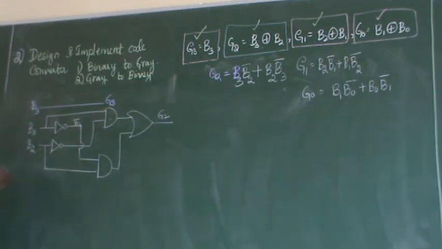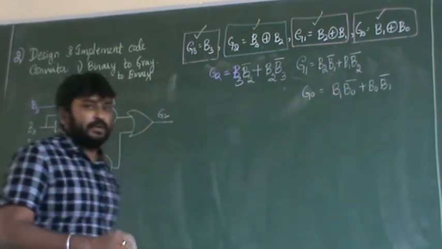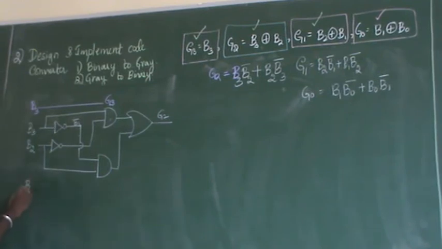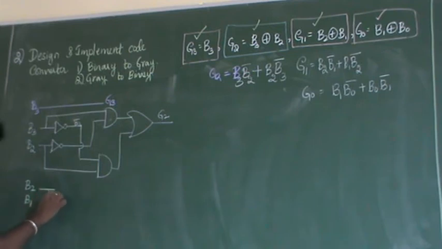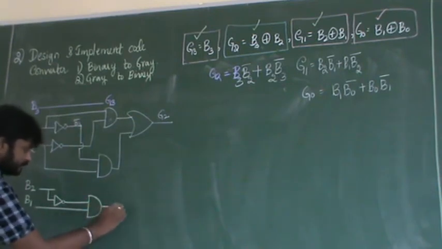Okay. Next I have to write it for G1, that is B2 and B1. B2 bar with B1, so one AND gate.